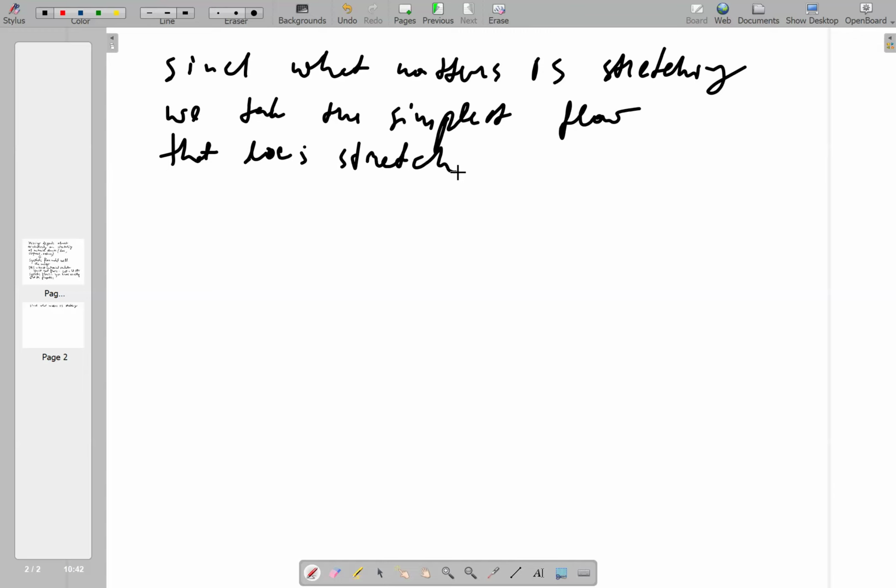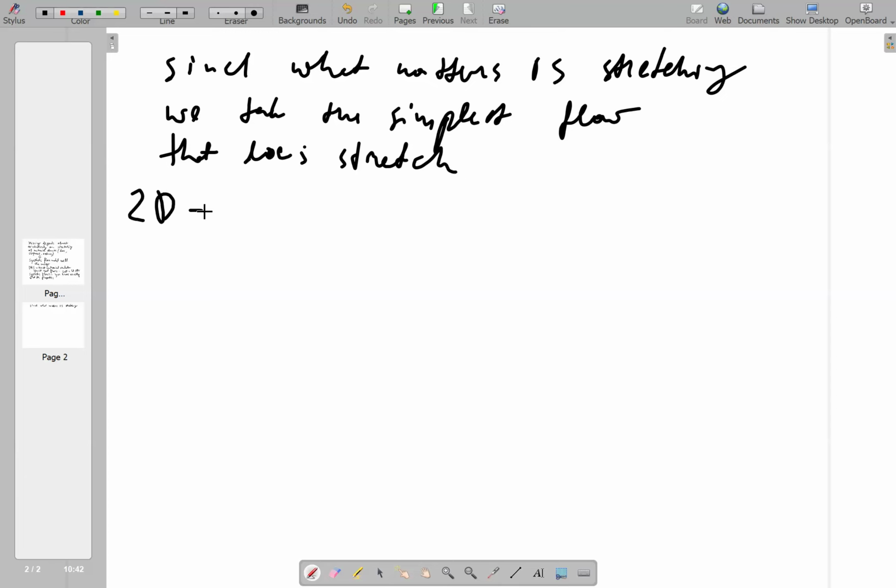So what is the simplest flow? Sine flow is one of the simplest possibilities. Sine flow is such that it first stretches in the x direction, then in the y direction, and if you want, also in the z direction.